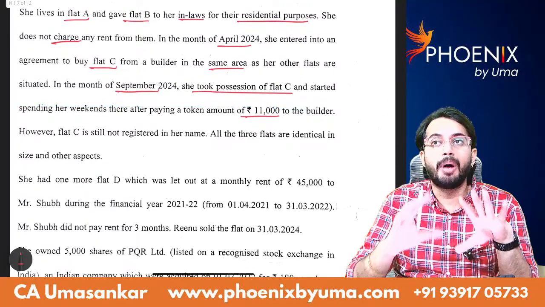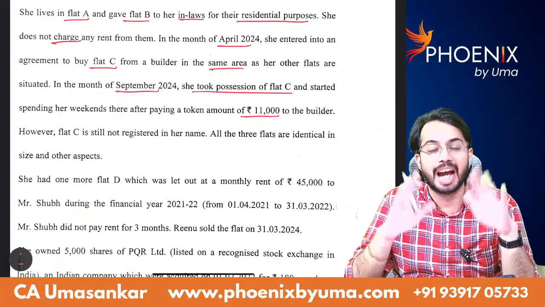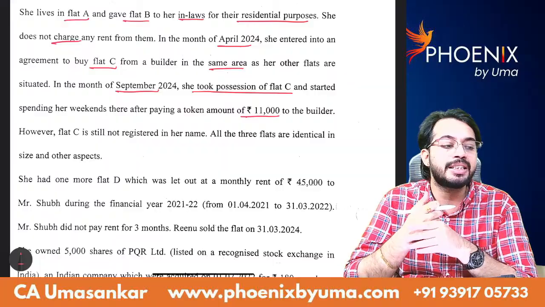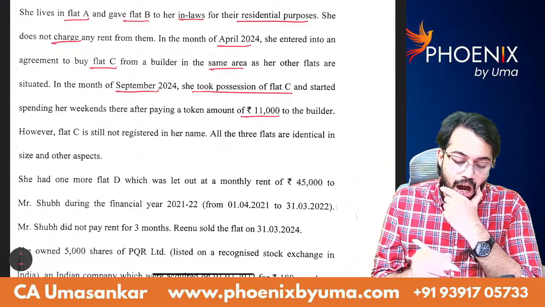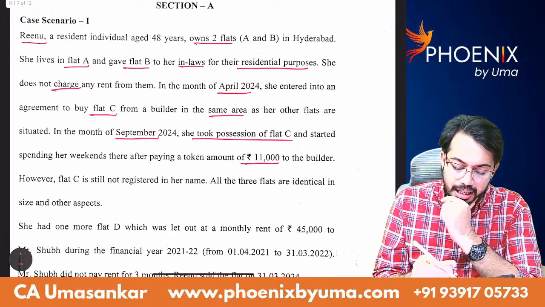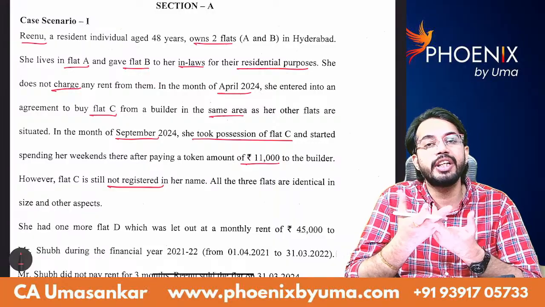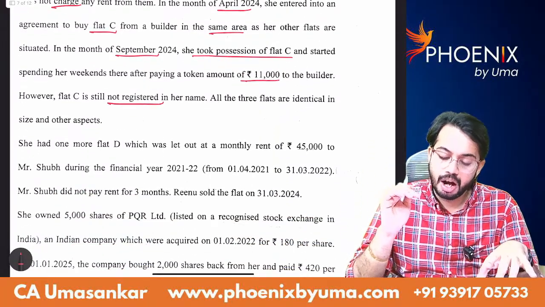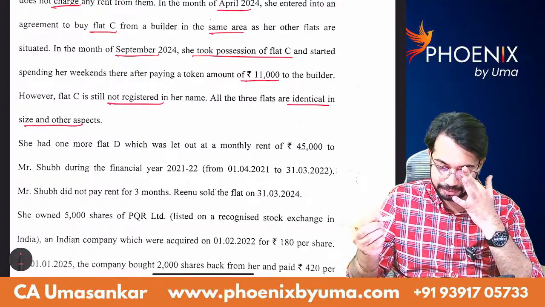See, the moment some consideration is paid and there is an agreement and possession is taken, the buyer is deemed owner of the house property. However, flat C is still not registered in her name. The moment possession is taken, we can treat her as the owner and physical registration is not required. All 3 flats are identical in size and other aspects.